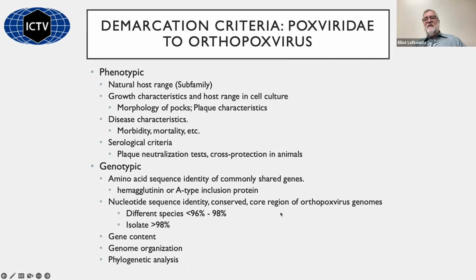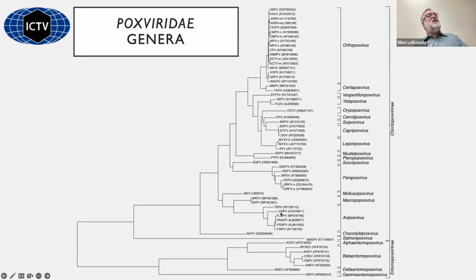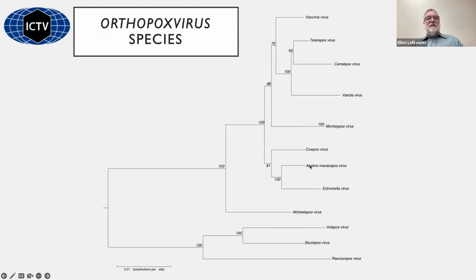So all of those come into play in order to allow you to create an evolutionary tree such as this that shows the different species here at the tips of the branches, and these are divided up into the different genera. And so that's how the taxonomic criteria come together to allow you to demarcate pox viruses.